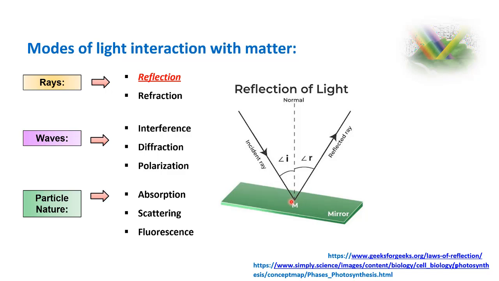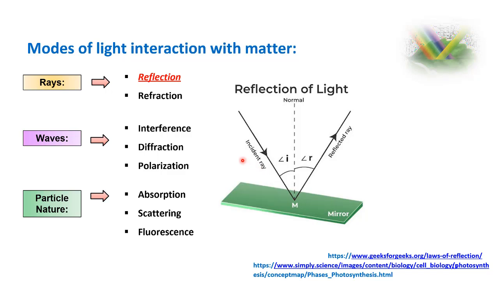In that case, the light will totally reflect back, and very little absorbance will be there. Reflection of light means the angle of incidence is equal to the angle of reflection. That is a normal law which we have probably learned in school.